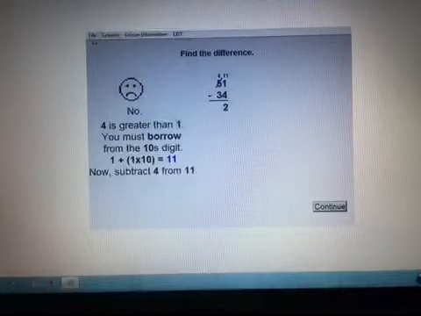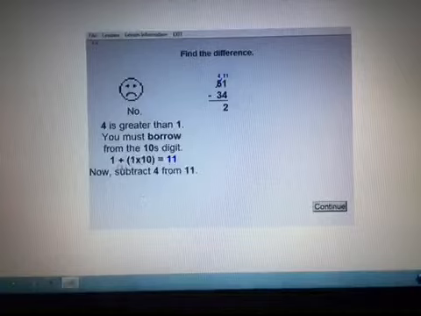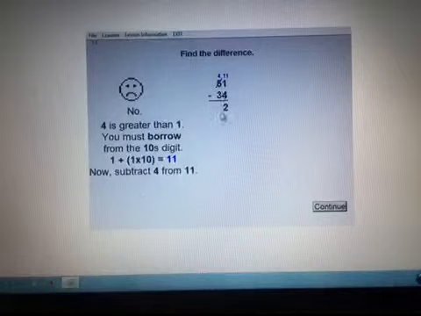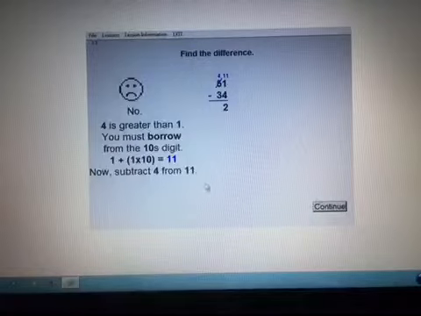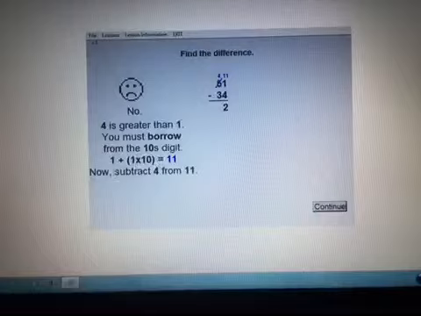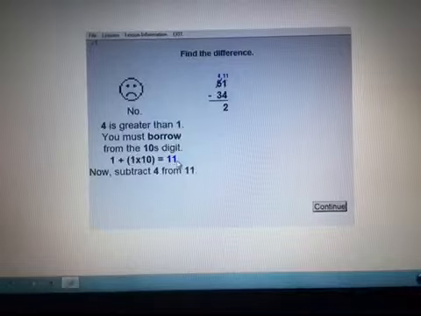Again, we get our nice explanation in our feedback of what's going on. Place value, and also this nice explanation of the 1 times 10 in the tens column.